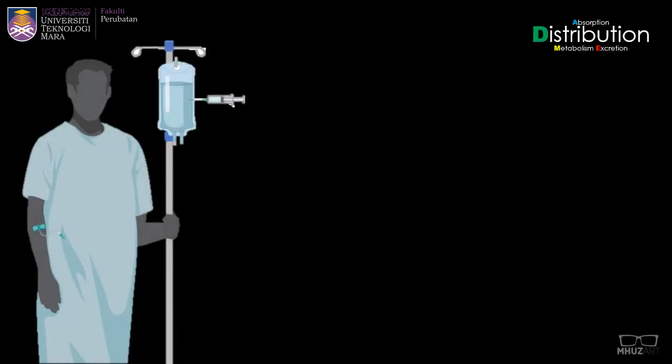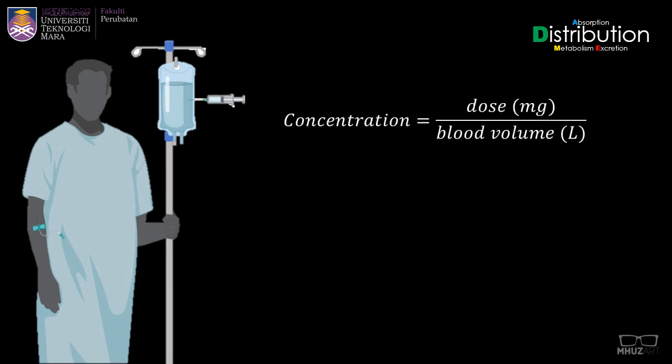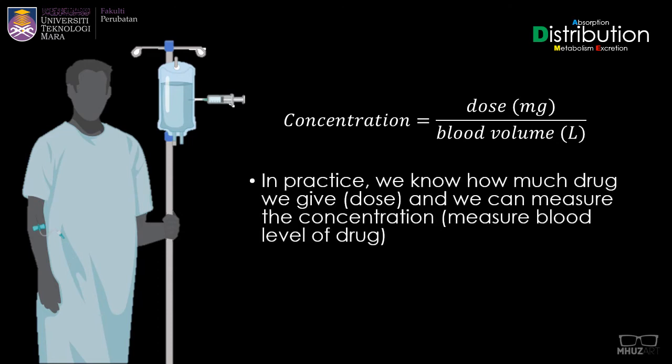Going back to this patient, concentration is given as a formula as shown here, which is dose over blood volume. In practice, we know how much drug that we give, or we can control how much drug that we give via the dose, and after a period of time has lapsed, we can measure the concentration of the drug by taking a sample of the patient's blood.